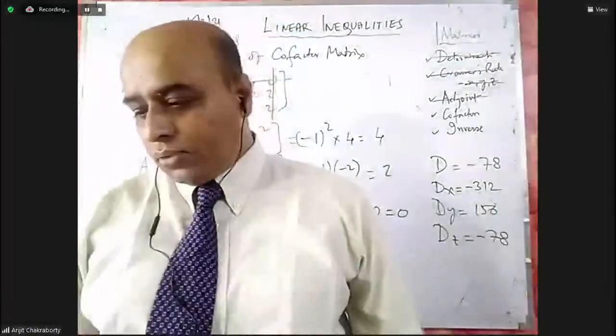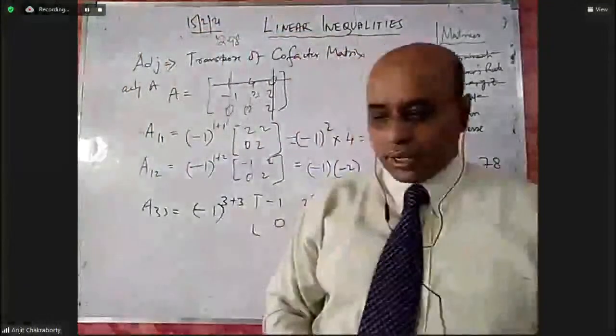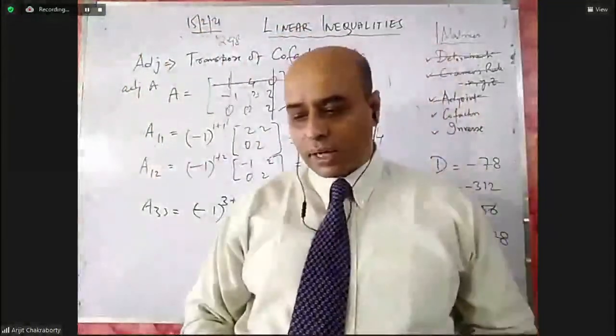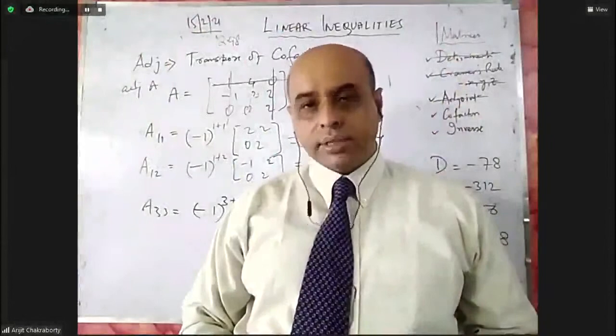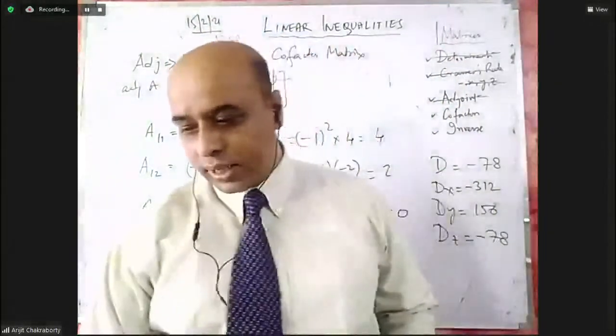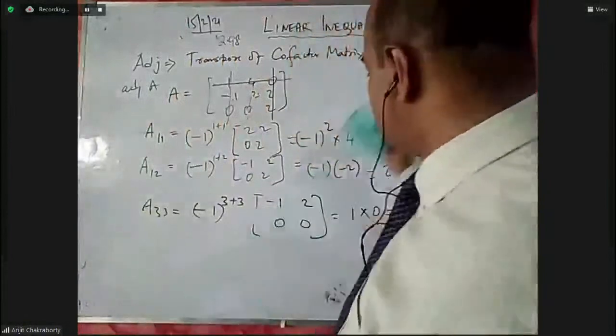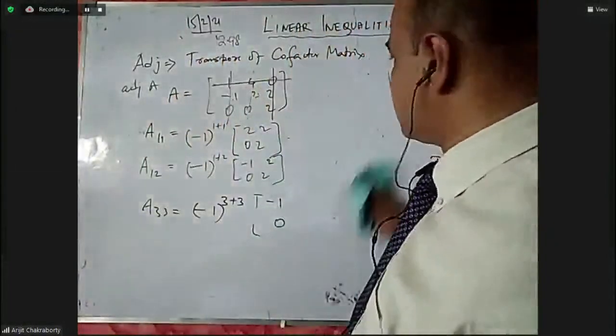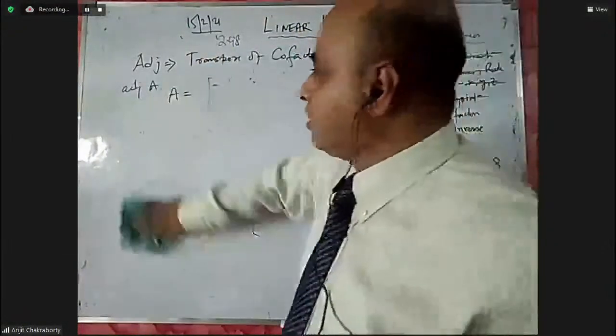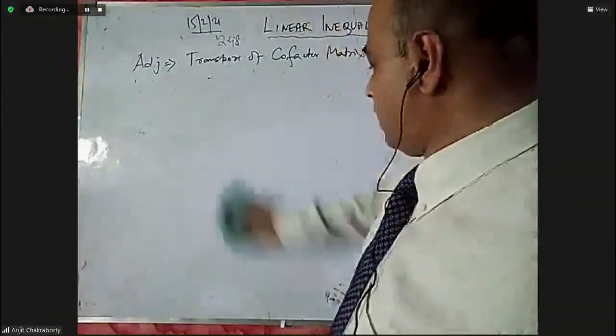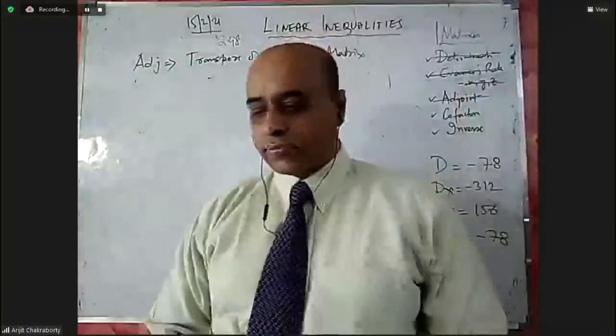So if you write the cofactors now, we will get the cofactors in this way. If you see the numerical example which is given, now I will write the cofactor and then we will do the transpose.